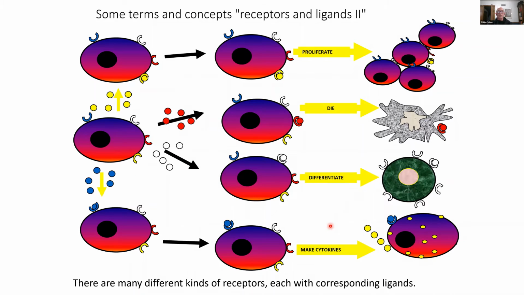And I have to move this again so I can see what I'm doing. So these are some examples of what can happen. In this case, a receptor, represented by one binding molecule, triggers the cell to proliferate, which means make a whole bunch of copies of itself.